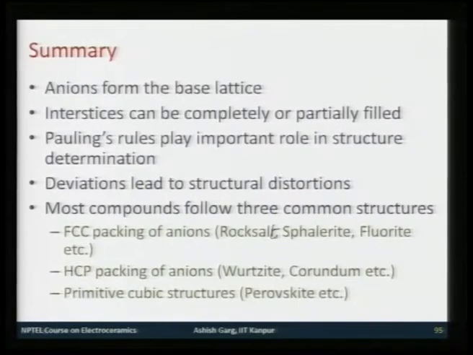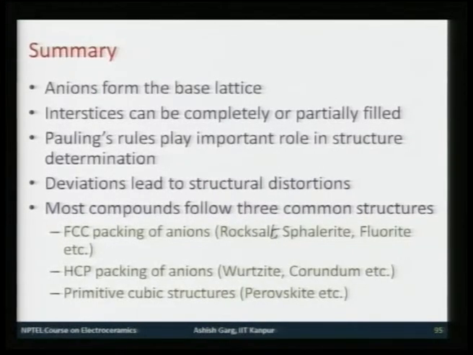So you can have rock salt structure, which is an FCC based structure where cations occupy the octahedral sites, and based on the stoichiometry all the octahedral sites are filled. You can also imagine this structure to have an intertwined structure of two FCC lattices made by cation and anion. Similarly, you can have sphalerite structure.